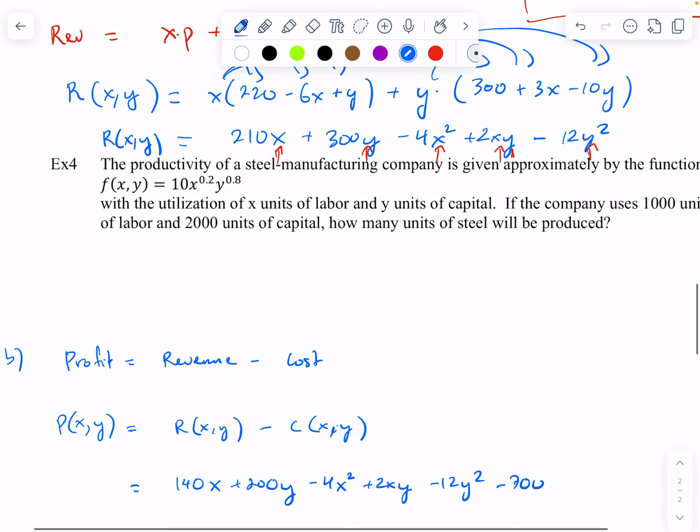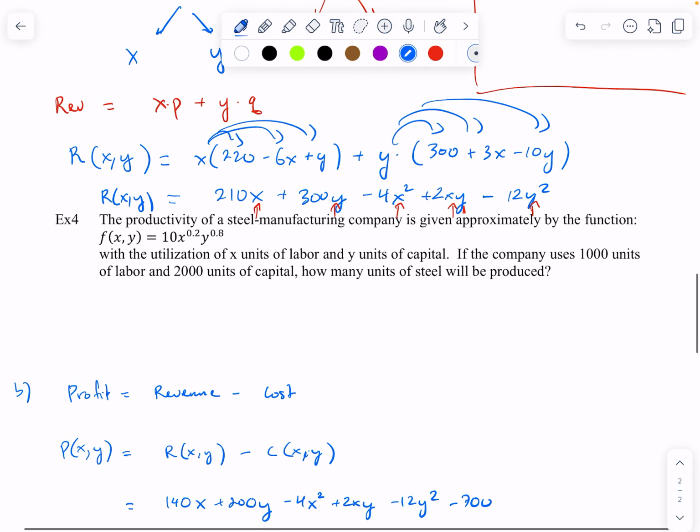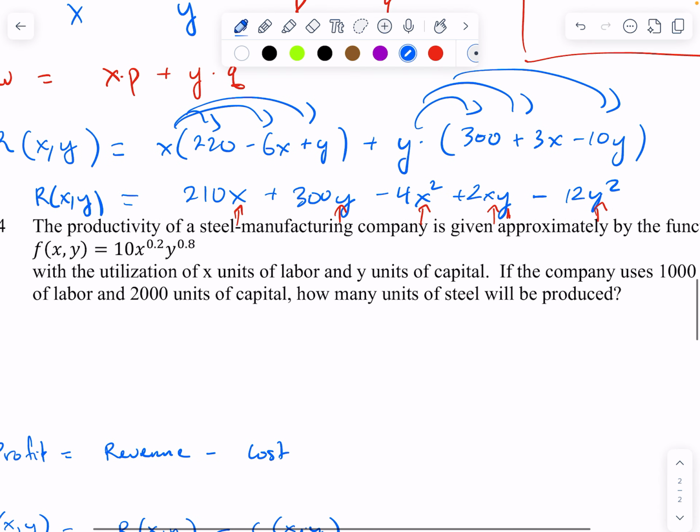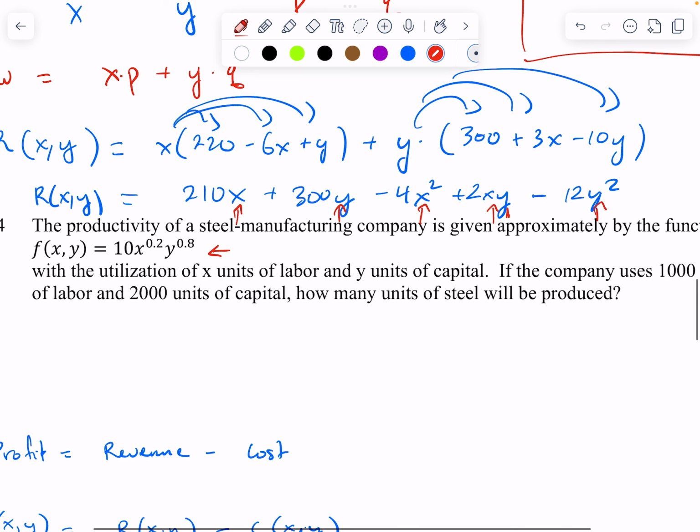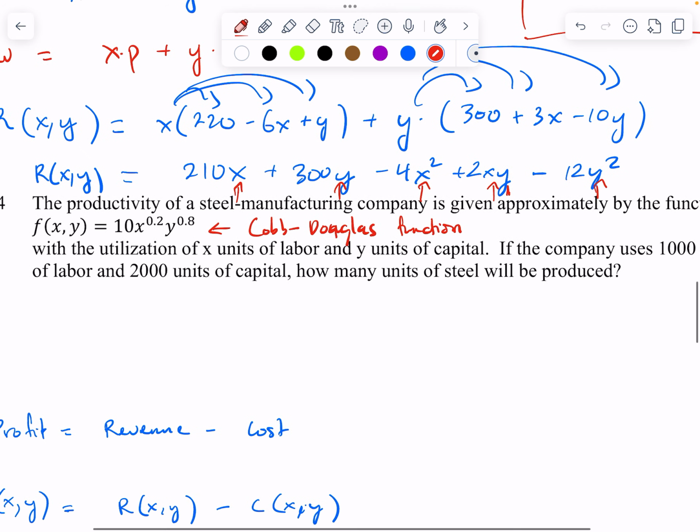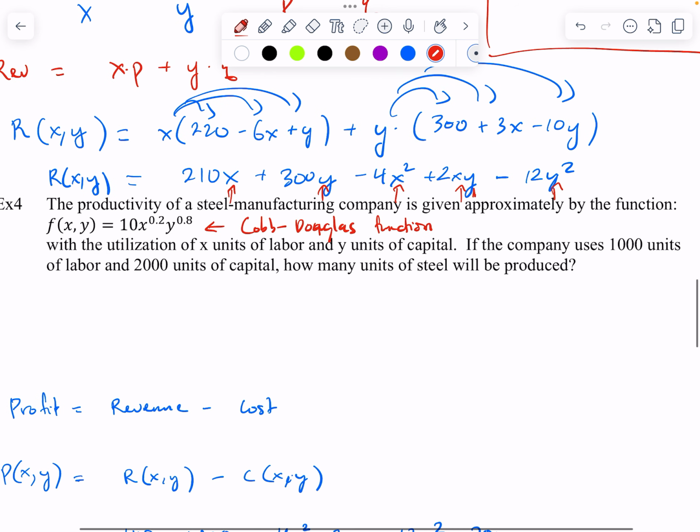One example I want to do in this video is this weird looking function f of x, y. This is called the Cobb-Douglas function. What this function does is it measures the productivity of a single company producing a certain number of units.